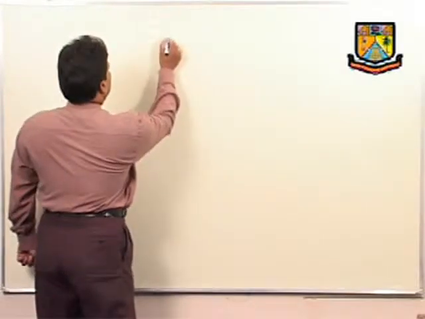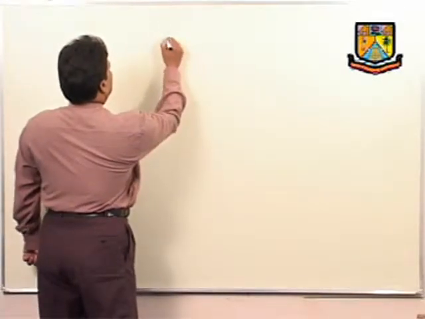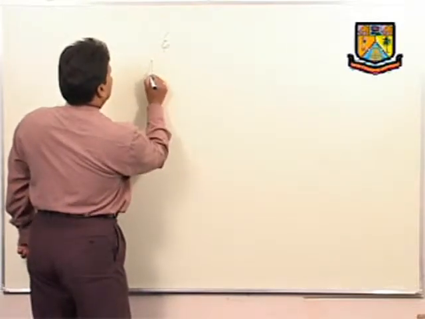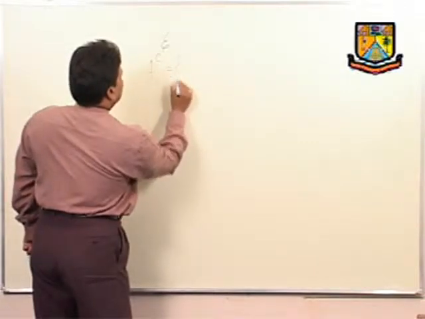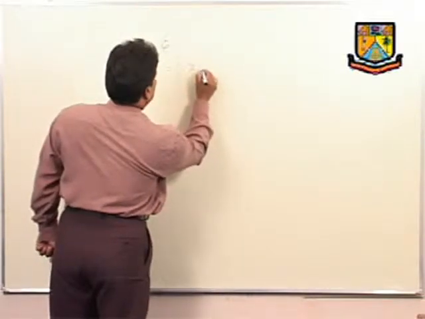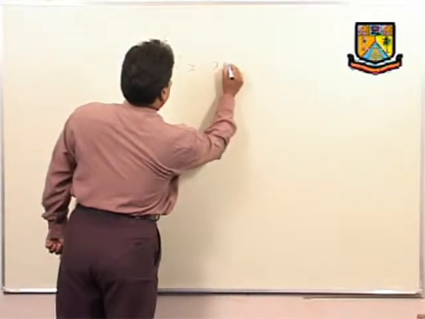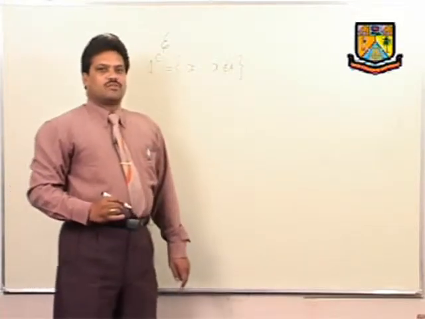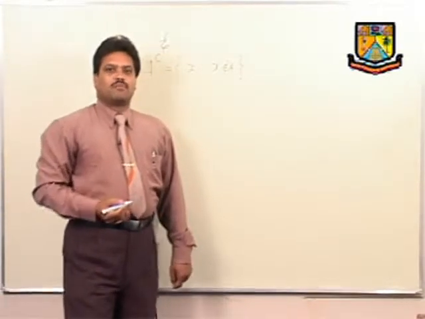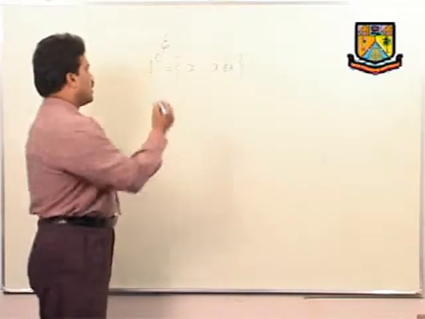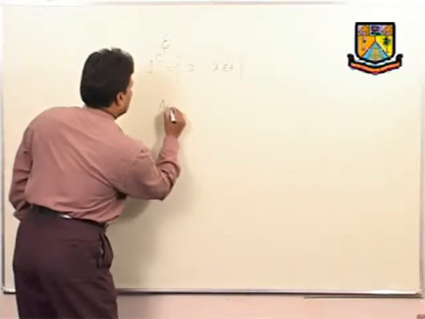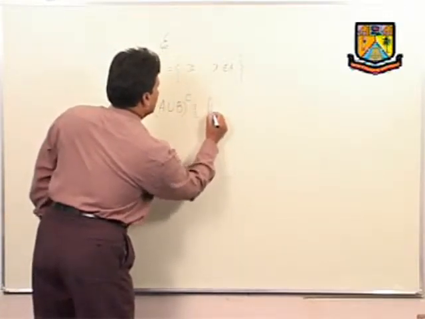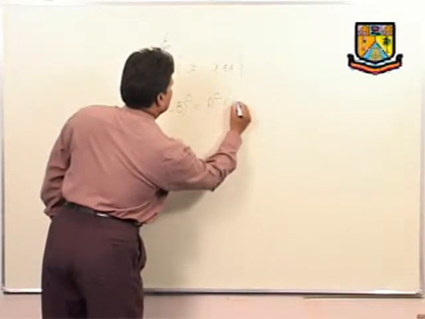Given a universal set, A complement is defined by the set of all x such that x is not in A. With the help of complement, we have De Morgan's law, that is A union B whole complement equals A complement intersection B complement.